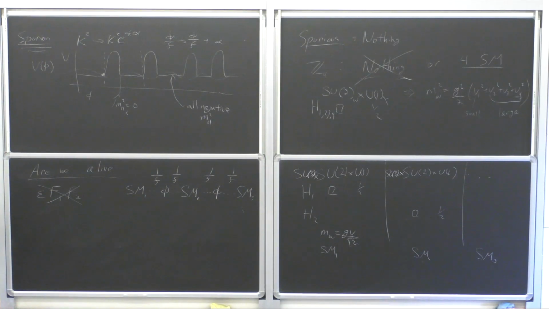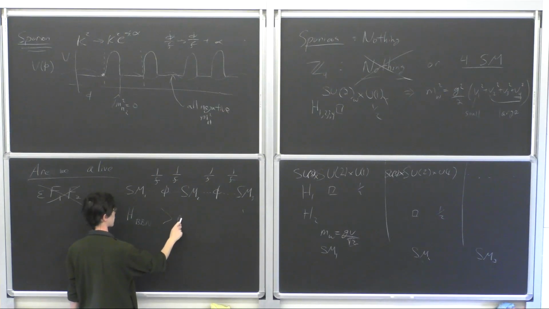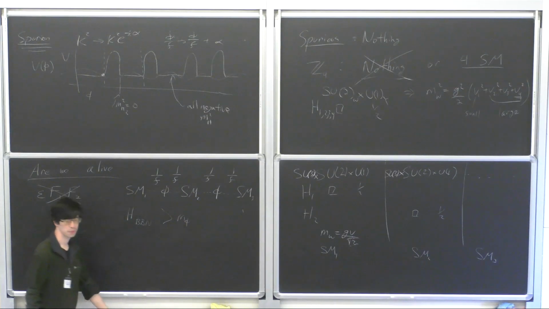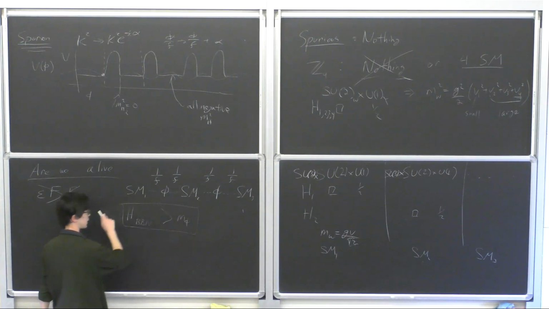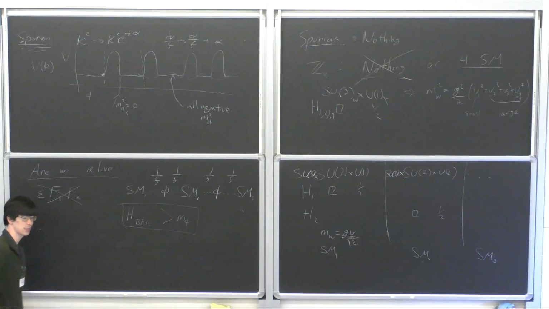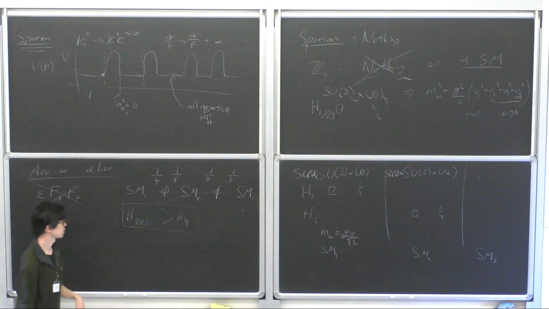So we just need Hubble at some time we care about, let's say BBN, to be larger than the mass of phi. That's all we need to relax to the minimum. And it turns out to be a very weak constraint because this has 1 over M Planck in it. So you can very easily arrange for Hubble to be larger than mass just by taking a large F but not M Planck scale. Okay.